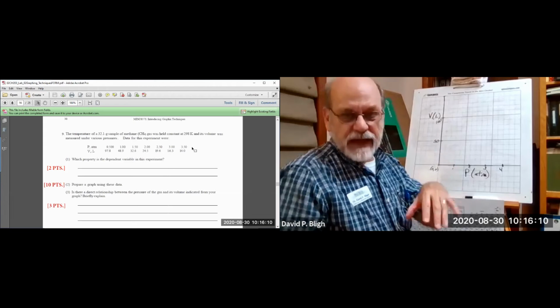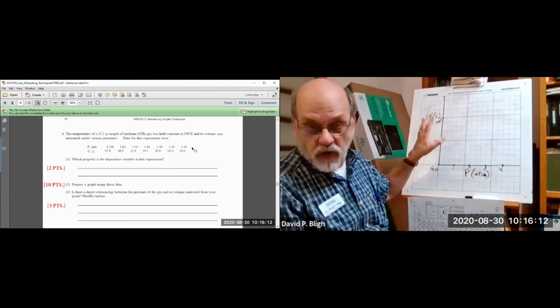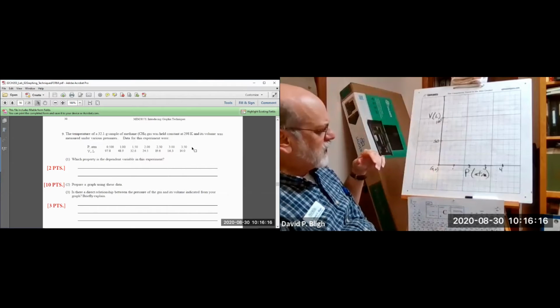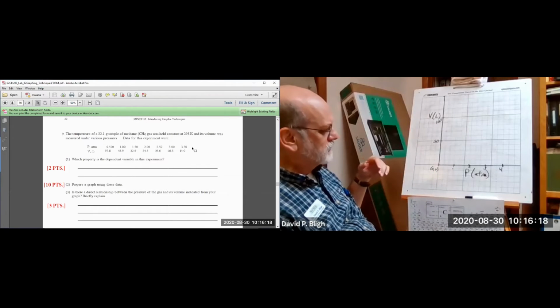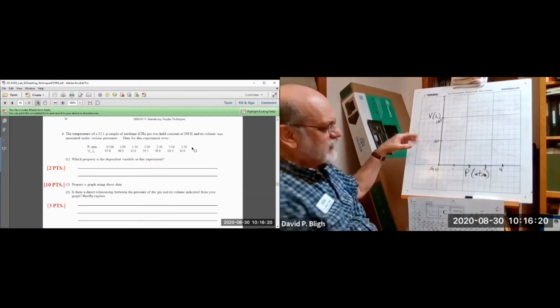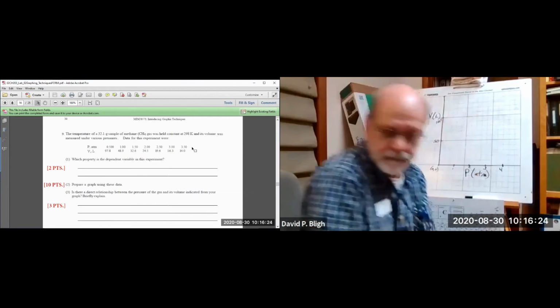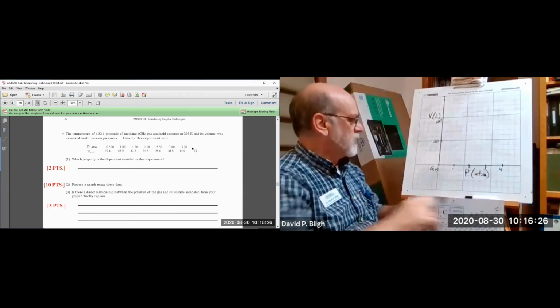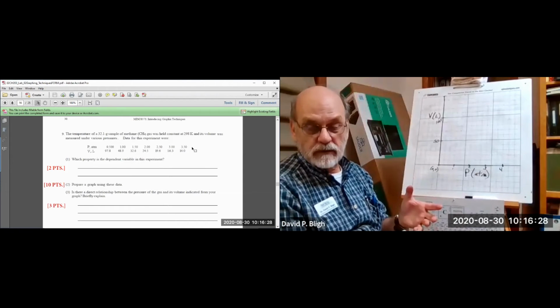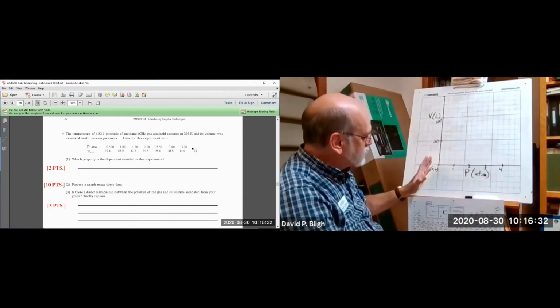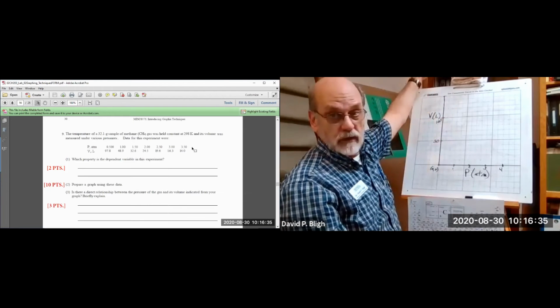Okay, now I'm going to let you put the points on your graph. I just helped you out here. But what does the shape look like? The shape looks like landscape. Short here, long there. But if you have the right paper and you move this down, then you could stretch this out further.